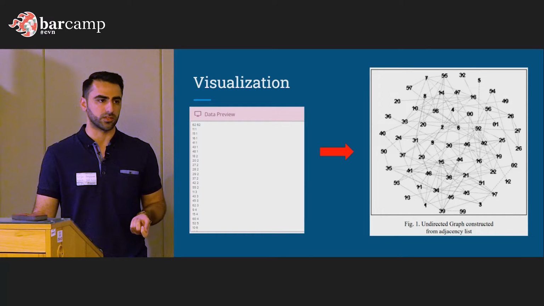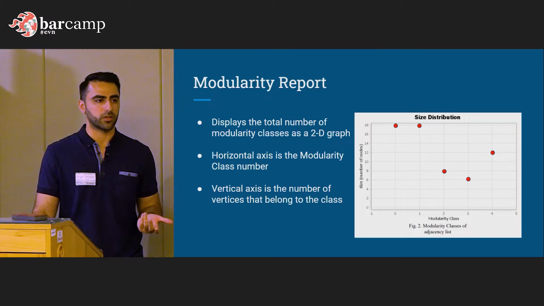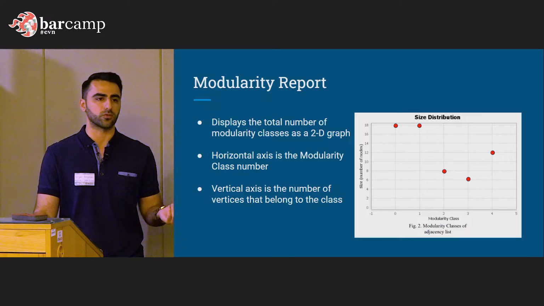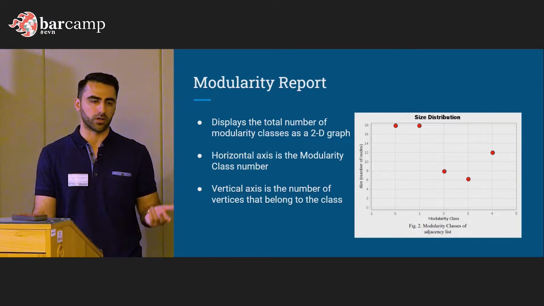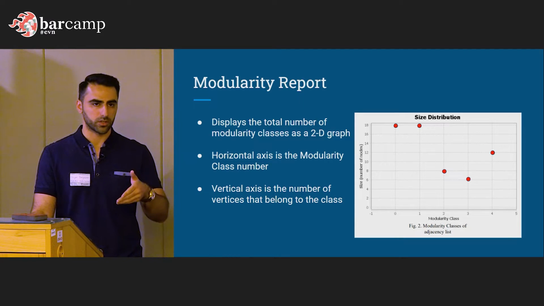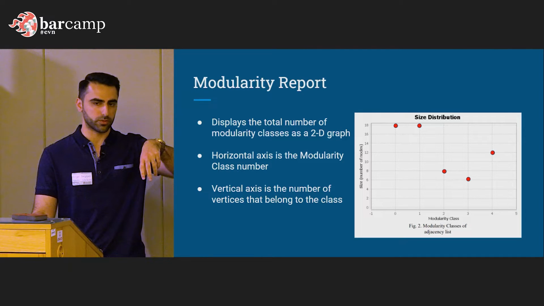What is the bias that was intended with it? That can be uncovered using a modularity report. A modularity report simply tells you what the groups are that exist within your data set. So when it comes to this, you can see on the horizontal line, each one represents simply the number, so how many exist. And then the vertical axis tells you how many belong to the group.